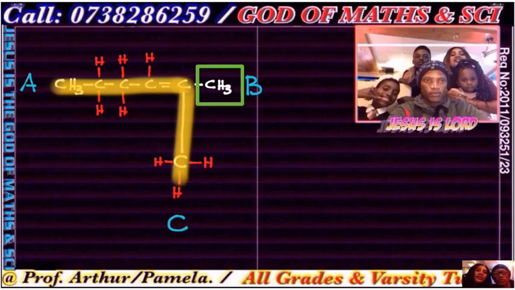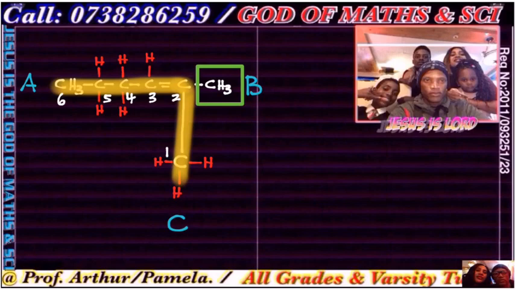The branch is no longer our favorite now. The double bond will get the smaller number. So it's carbon 1, carbon 2, carbon 3, carbon 4, and then carbon 5, carbon 6.